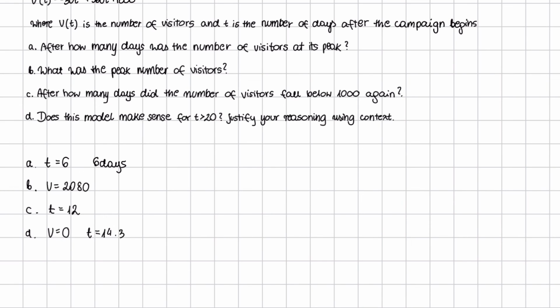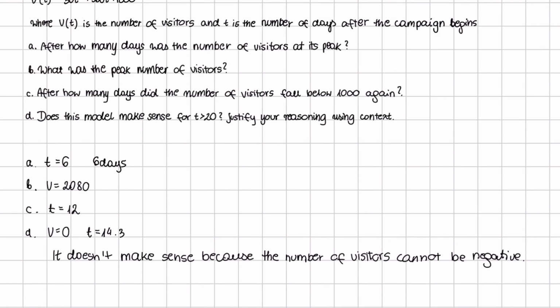So we know that we don't have any visitors after 14.3 days. So because of that, this model doesn't make any sense for t greater than 20, because our number of visitors falls below 0, and we know the number of visitors cannot be negative. So it doesn't make any sense. And our answer can look like this. It doesn't make sense because the number of visitors cannot be negative.